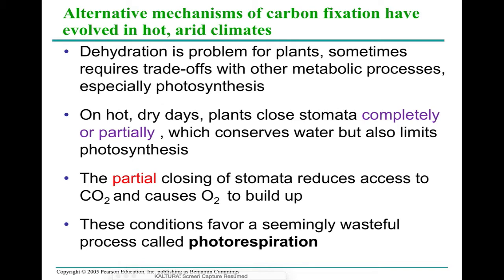Photorespiration is a process of using up sugars and not making any more sugars, not ATP, and simply using up all the saved organic molecules in plants. But why would plants do that?